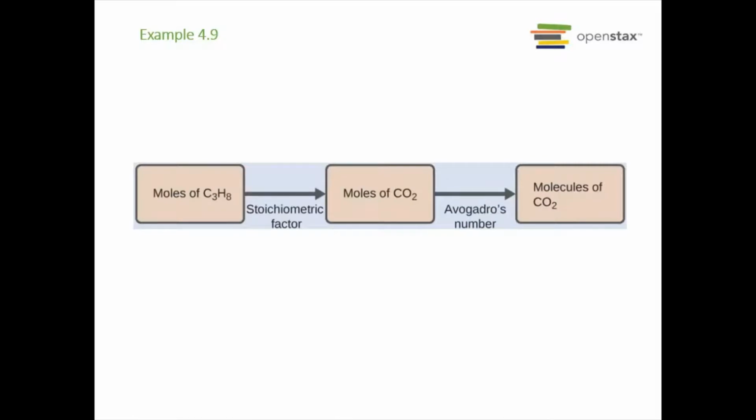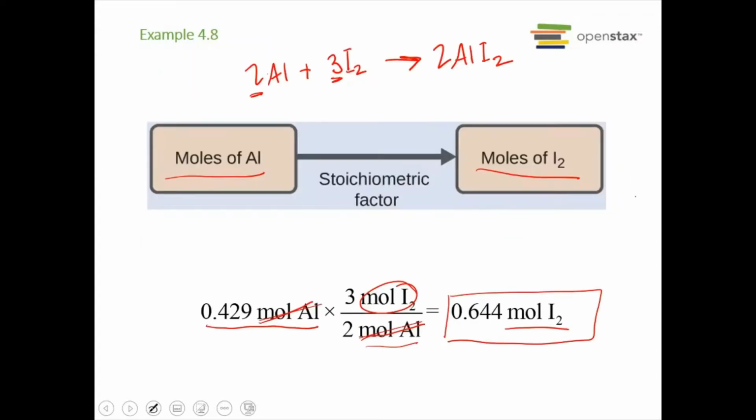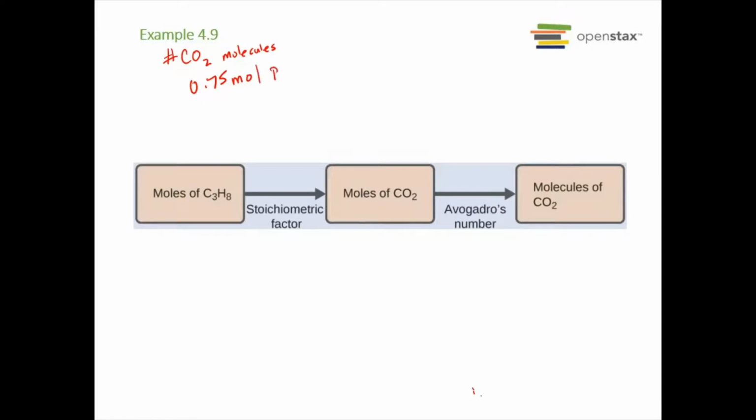Now you can also be given ones where there's more steps. So in this example, for some reason they didn't actually write the question here. We want how many carbon dioxide molecules. So we want the number of CO2 molecules that are produced when 0.75 moles of propane is combusted according to this reaction.